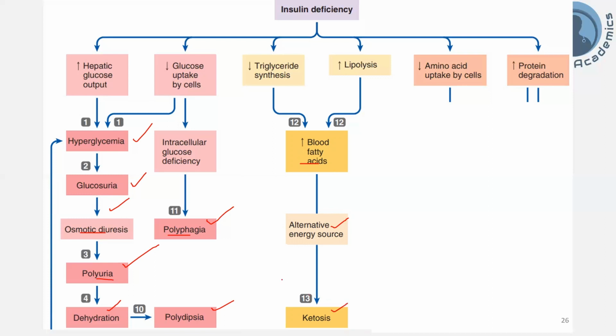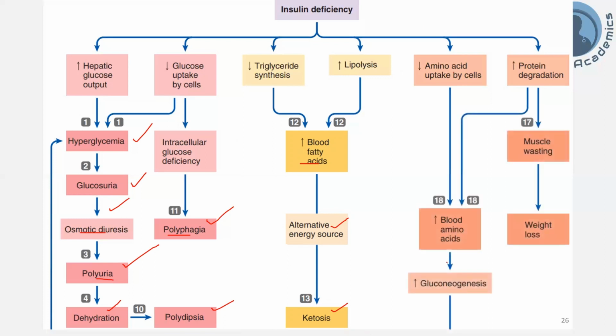This ketosis can then cause metabolic acidosis, which exacerbates the diabetes mellitus symptoms. If there is decreased amino acid uptake by the cells, it is going to cause blood amino acid level to increase, and these amino acids are then going to be utilized for gluconeogenesis, which is further going to increase the plasma glucose levels and exacerbate all of these symptoms.